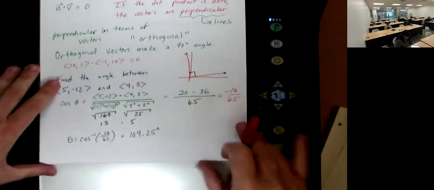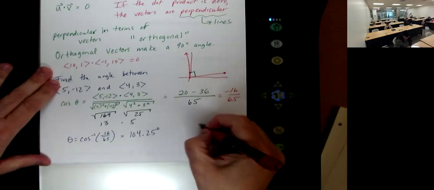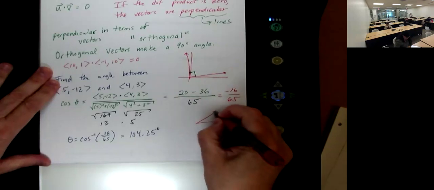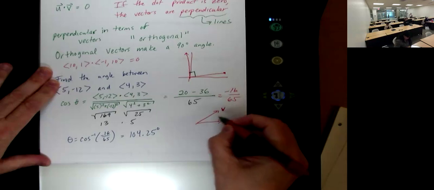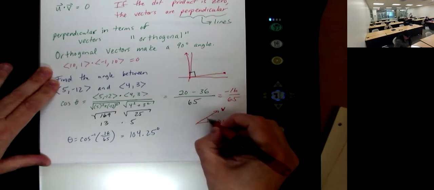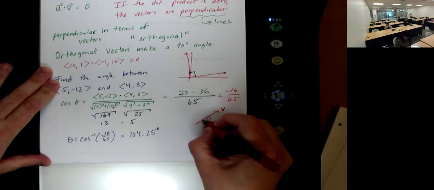So when you're doing this, if we've got U and V, we have two angles we could look at. We can look at this angle here, or we could look at the angle going all the way around.